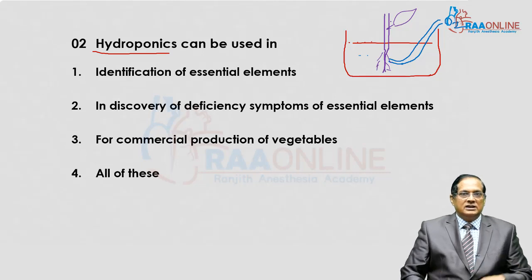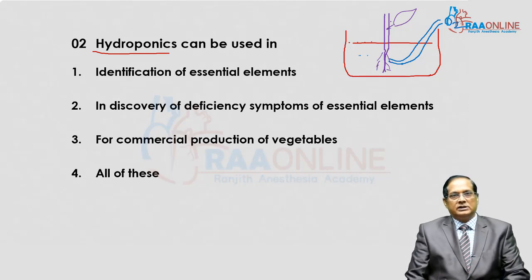Basically, soil is needed for the plant, number one, for fixation of the plant body, and number two, as a source of minerals to the plant. Maximum minerals are absorbed by the plant from soil.